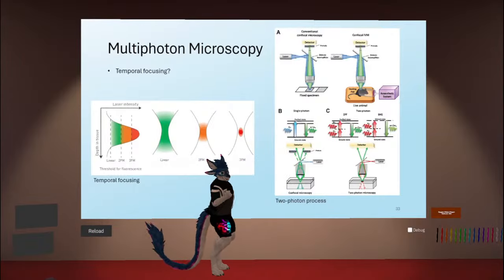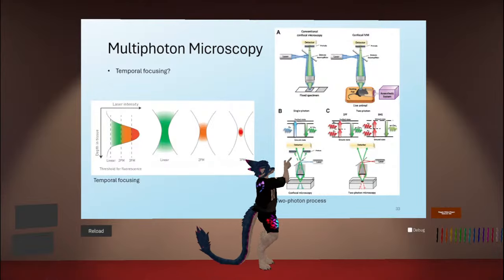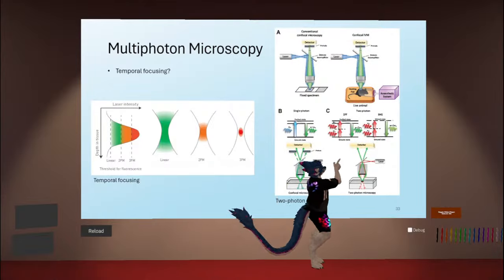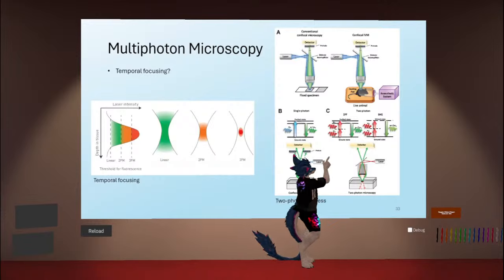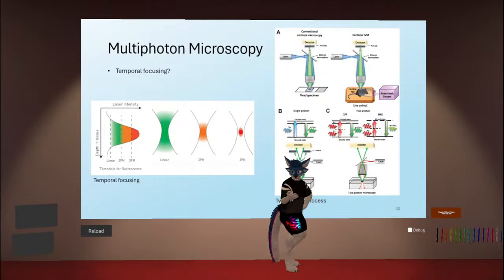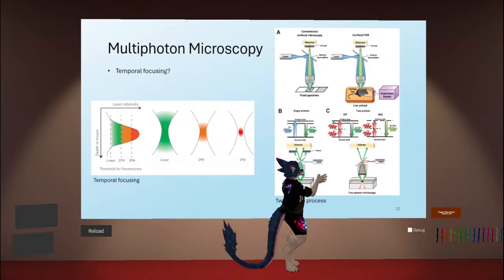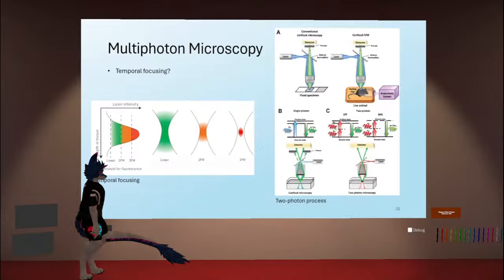And the cool thing is, if I come by and get another photon to absorb before it drops back down, I can get a 2-photon absorption. And likewise, a 3rd photon, you can get a 3-photon, 4-photon, but it gets harder and harder to do this. But I can imagine just looking at 2 photons.